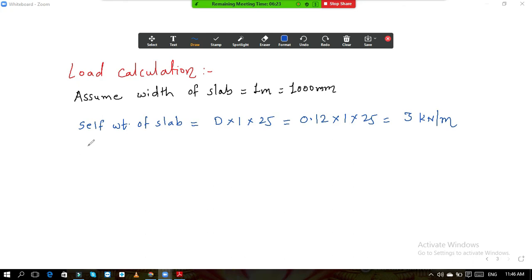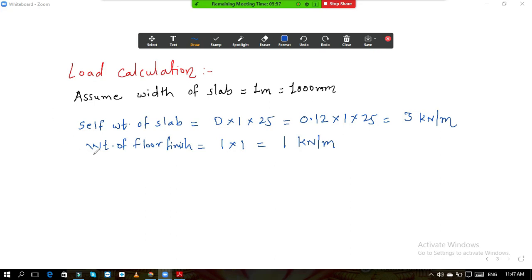Then weight of floor finish. Okay, what else will come in the dead load? Weight of floor finish, which is equal to 1 into 1, which is 1 kilonewton per meter. If the value of floor finish is not given in the numerical, assume it as 1 kilonewton per meter square. Okay.